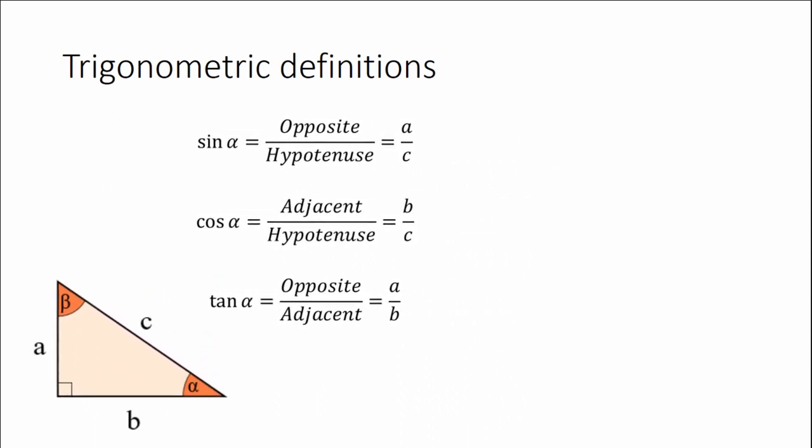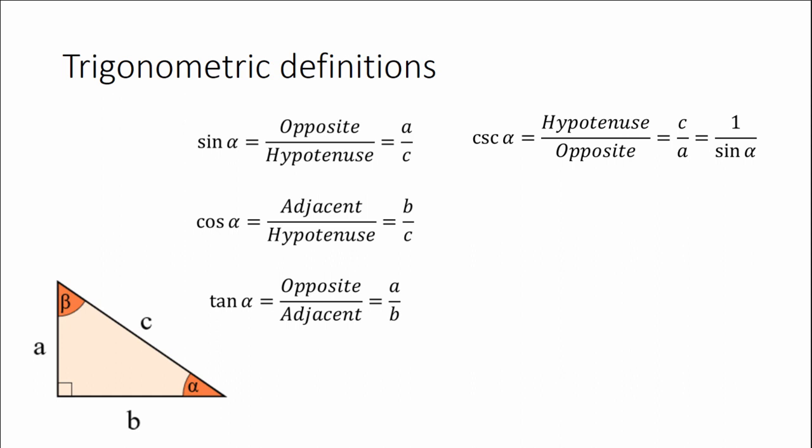Now that we defined 3 of the functions, we will keep going and define 3 more: secant, cosecant, and cotangent. They are basically the opposite of the first three that we defined. Cosecant of the angle alpha is going to be hypotenuse divided by the opposite side.